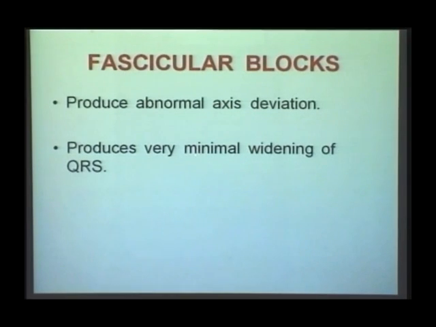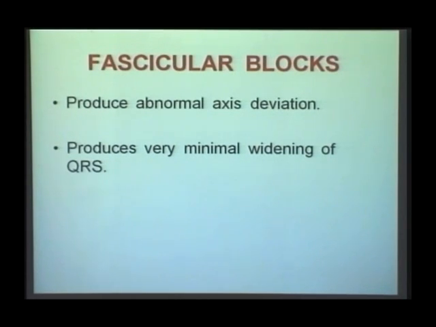Another important thing is that in fascicular block, a major portion of your ventricle is still depolarized by the specialized conduction system. It is not as if one half of your ventricle is depolarized by non-specialized conduction, as in bundle branch block. In bundle branch block, one half of your ventricle was supplied by the non-specialized conduction system, so that's why the QRS was so wide.